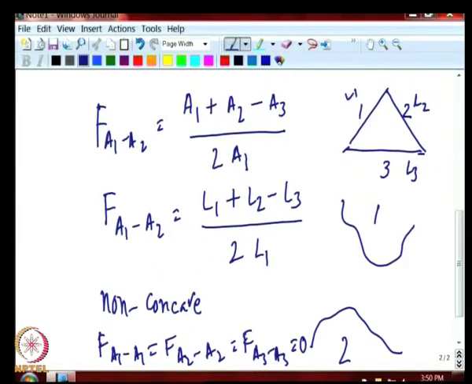But in many real life situations, you are going to encounter surfaces which are concave, that is, which see themselves, and in which case F A1 A1 will not be equal to 0. So, how do you deal with such situations? For such situations we need to extend what we had obtained just now for the triangular enclosure to a more general case.